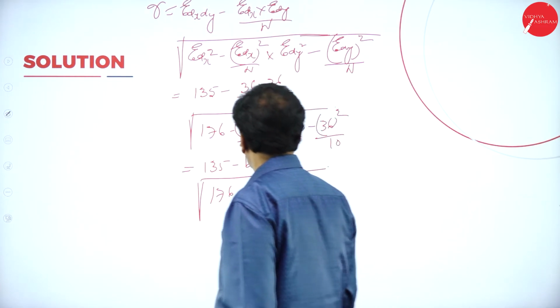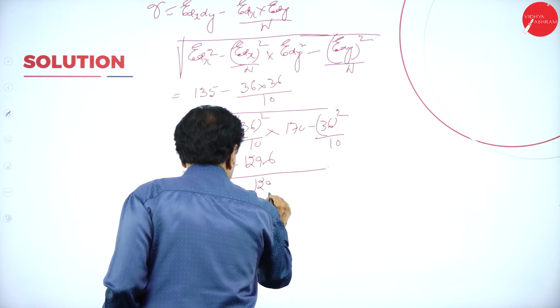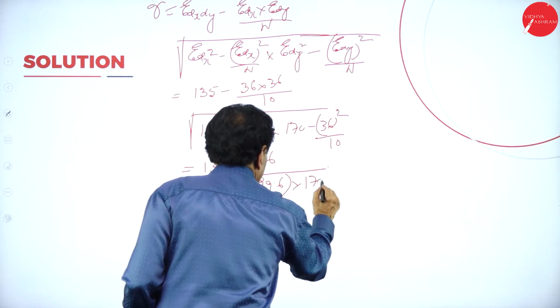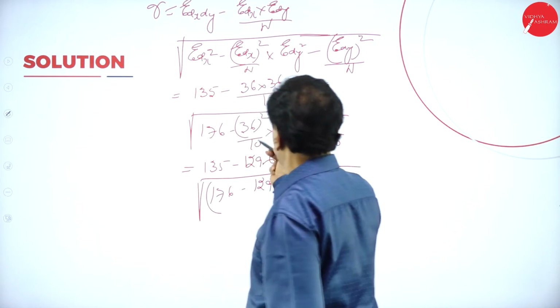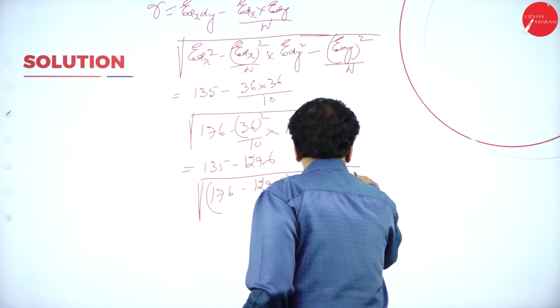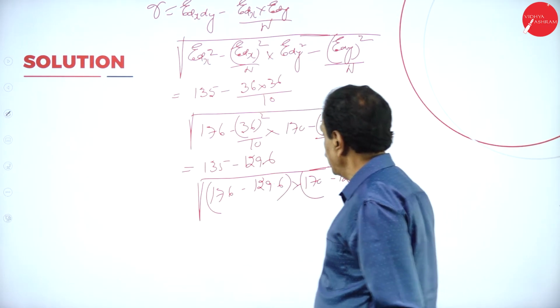So 129.6 into 170 minus 36 square, which is 1296 by 10, 129.6. So simplify.